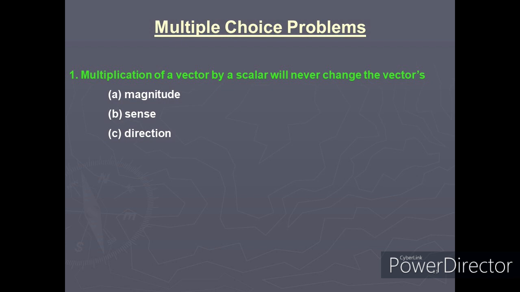This is vector A multiplied by minus 1, a negative scalar: the sense changed. This is vector A multiplied by a positive scalar: the magnitude changes. This is vector A divided by a negative scalar: the sense changes and the magnitude changes. But like in this case, in which the sense has changed, what about the direction?